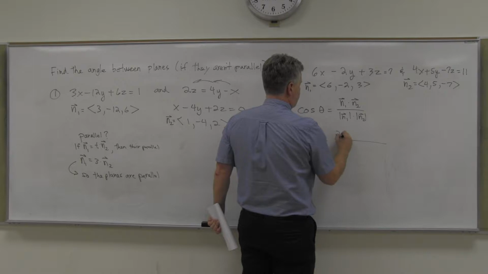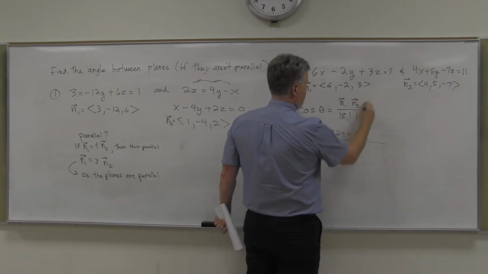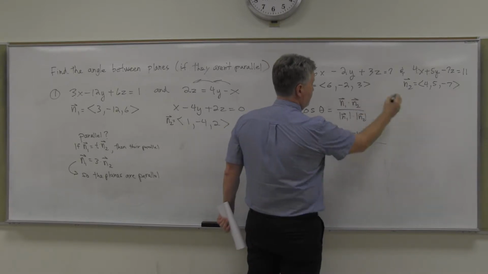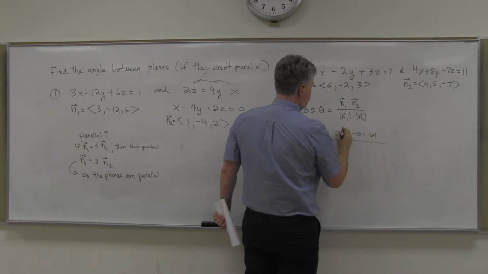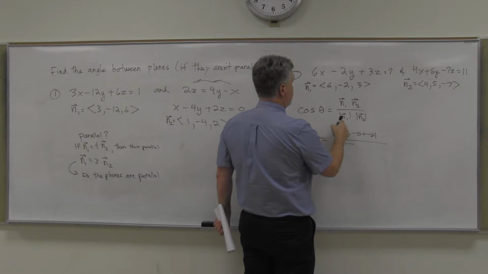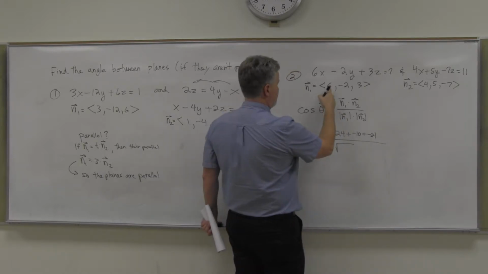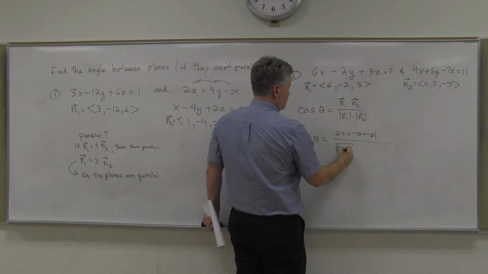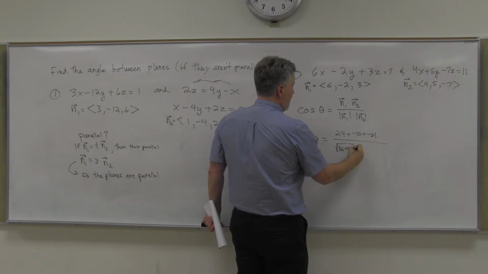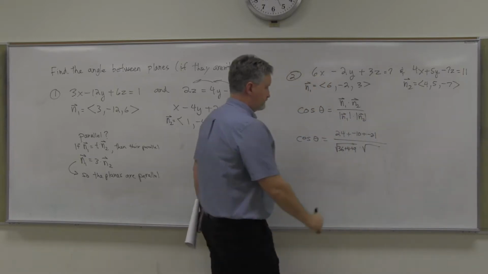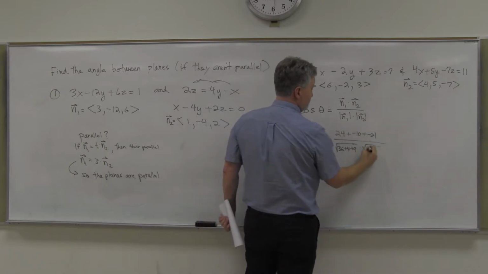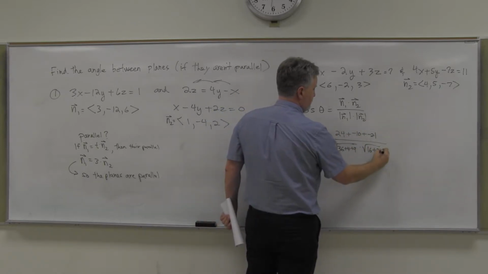So we got 24 plus negative 10 plus negative 21. Magnitude of N1, where you do the square root of your squares added together, so that'd be 36 plus 4 plus 9, times magnitude of N2, which would be the square root of 16 plus 25 plus 49.